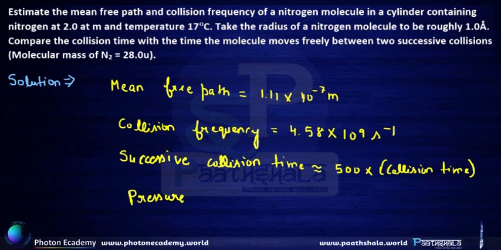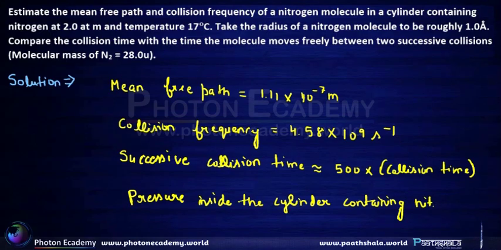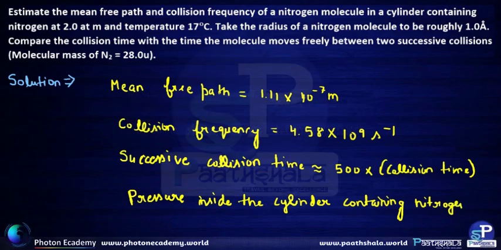So the pressure inside the cylinder containing nitrogen, we denote it by P. So P is equal to 2 atm, and 1 atm is equal to 1.013 into 10 raised to the power 5.